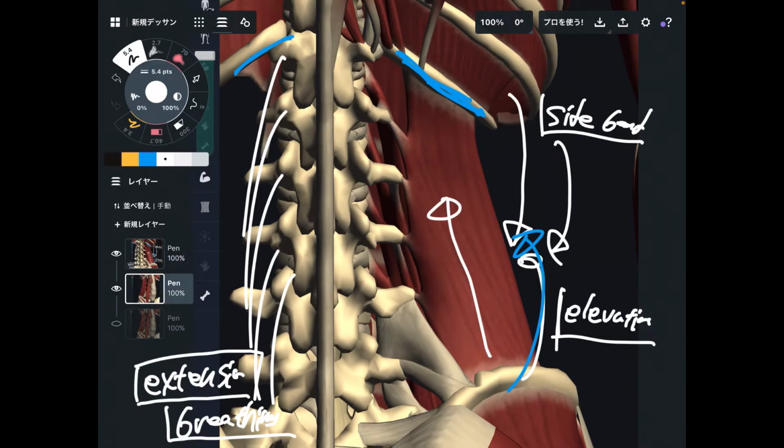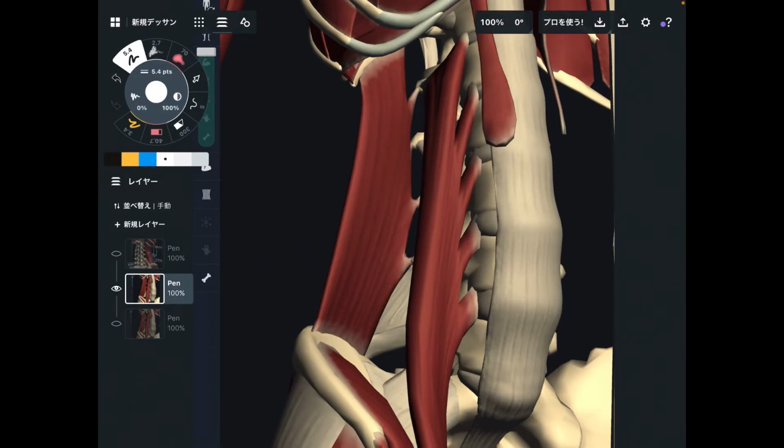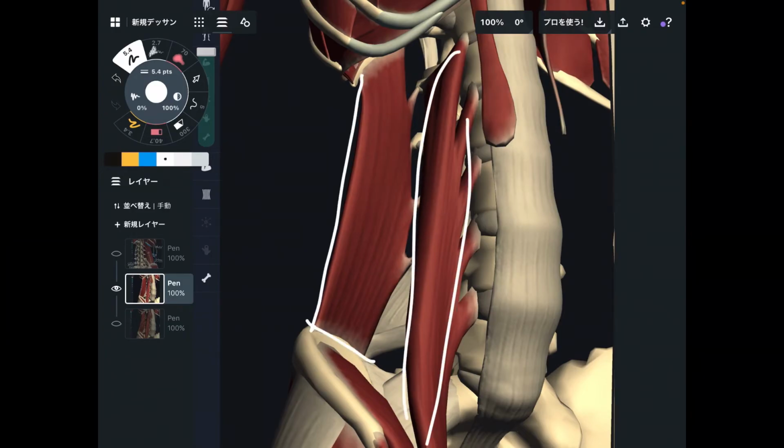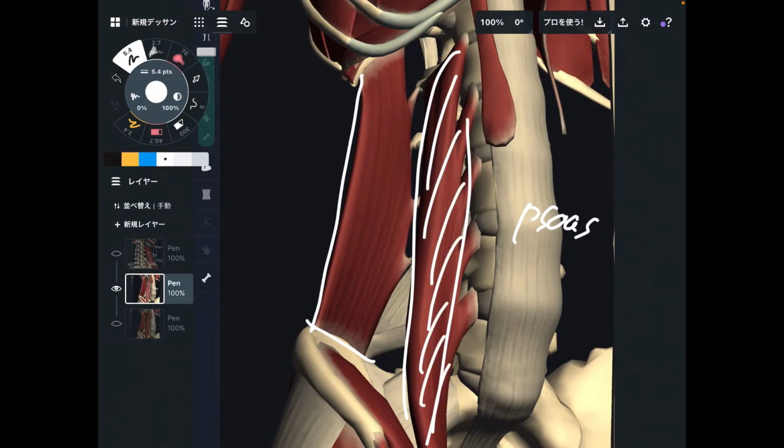So let me talk about important anatomical relationship with psoas. This is slightly anterior lateral view of core. This is quadratus lumborum. This is psoas. Very important muscle for core and hip movement. This is where psoas is.